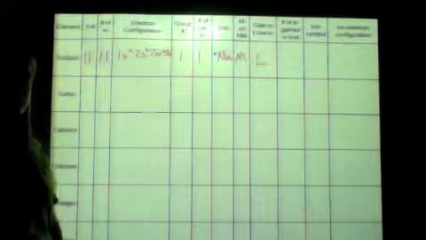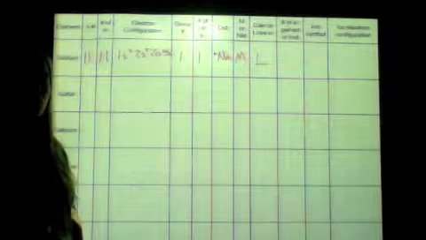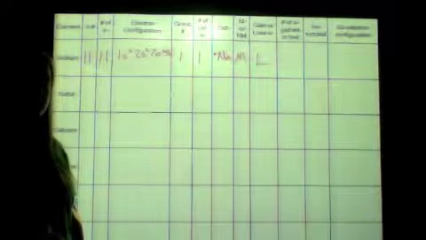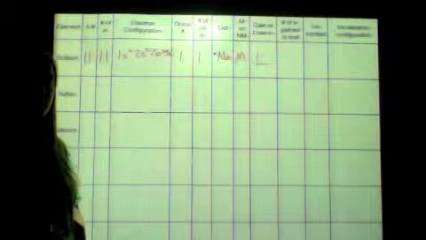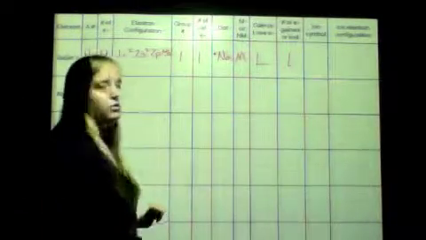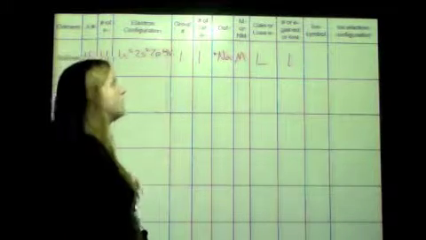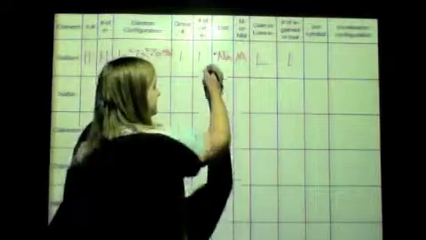Your metals, make sure you understand this, metals lose all of their valence electrons. Let's say that again. Metals lose all of their valence electrons. So since sodium has 1 valence electron, it's going to lose 1 electron. You might want to make a note of that. Metals lose all of their valence electrons.